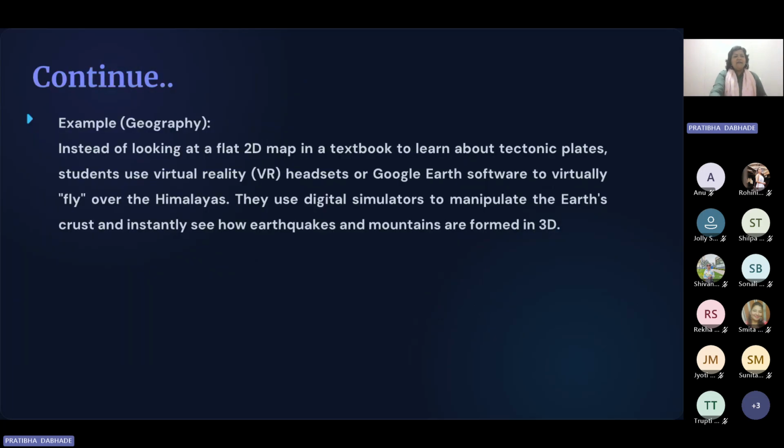Instead of looking at a flat 2D map in the textbook to learn about tectonic plates, students use virtual reality. Nowadays it is available, right? Virtual reality headsets or goggles or software to virtually fly over the Himalayas. They use digital simulators to manipulate the earth's crust and instantly see how earthquakes and mountains are formed in 3D.